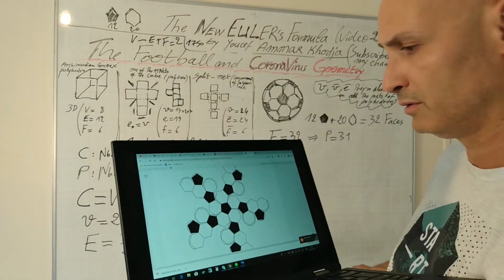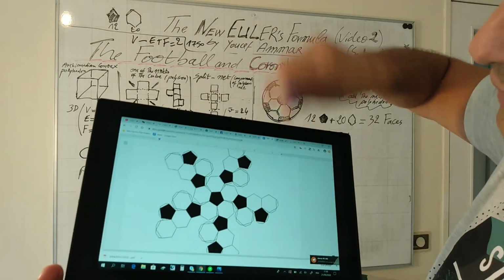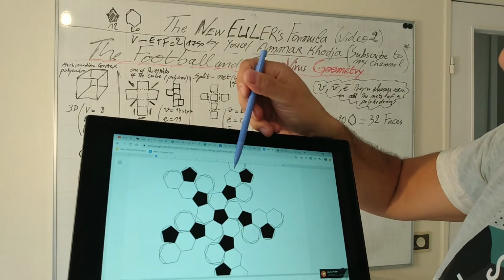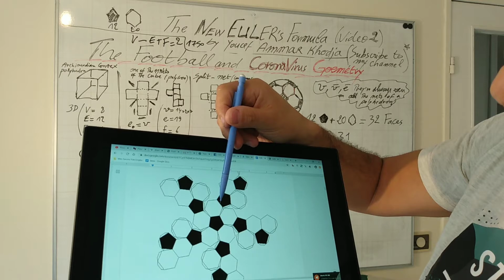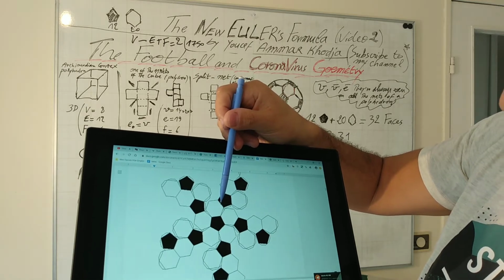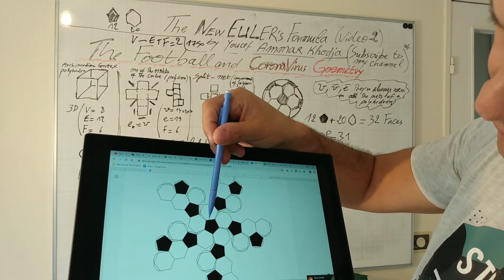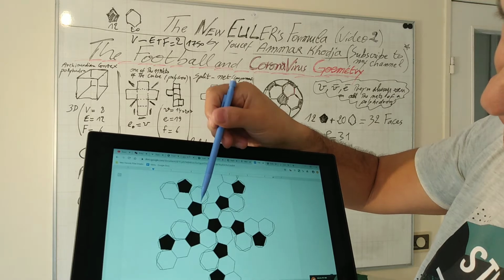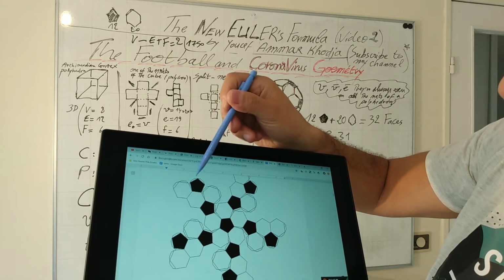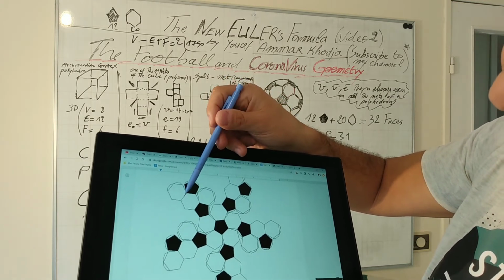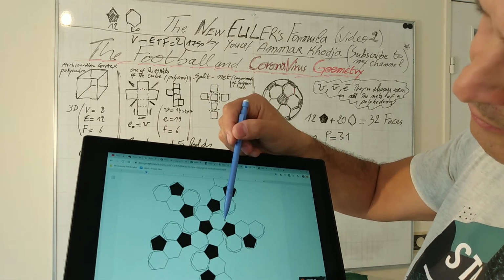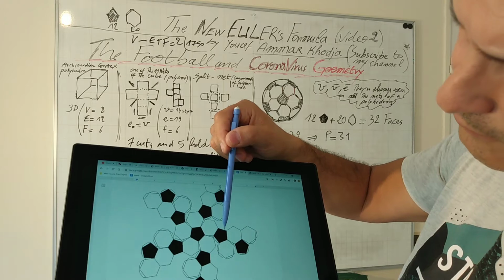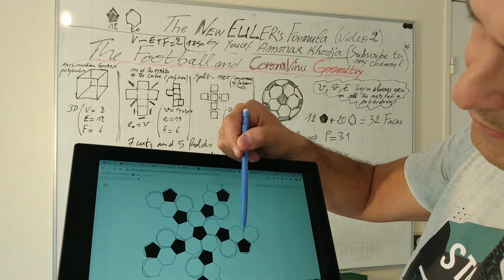Let's check it here. I can see one here, 1, 2, 3, 4, 5, 6, 7, 8, 9, 10, 11, 12, 13, 14, 15, 16.